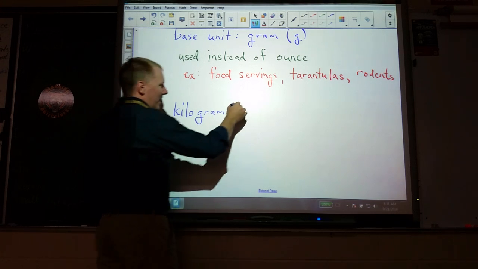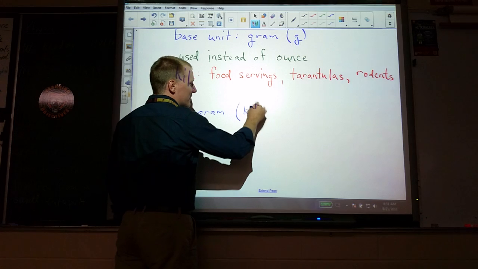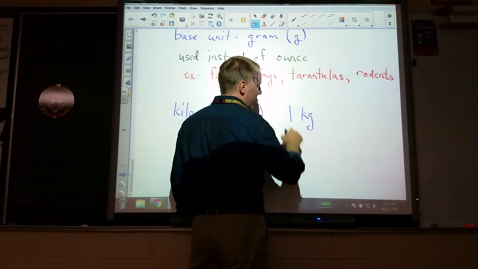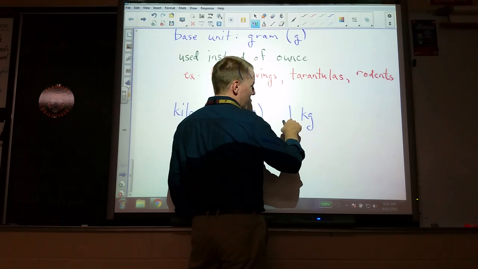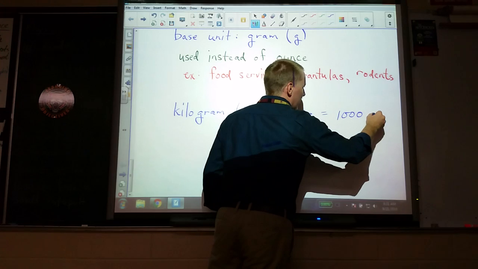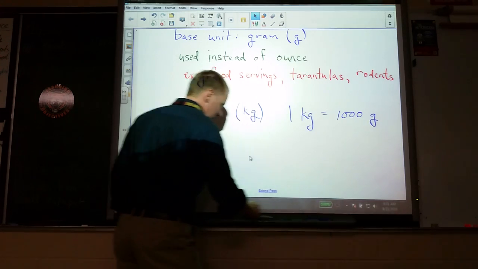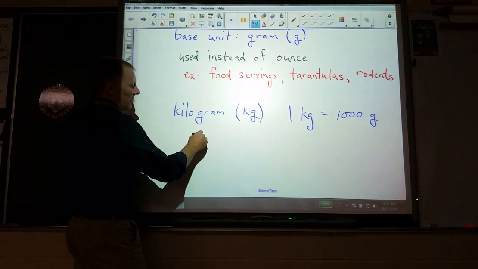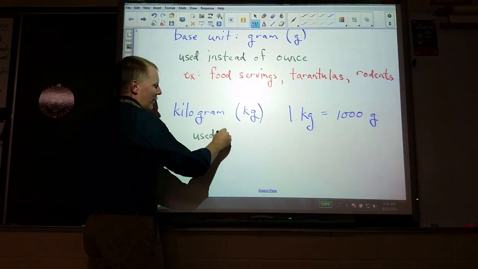Kilogram, kilo is K, gram is G, and kilo means 1,000. So if we have 1 kilogram, that's like say 1,000 grams. And as I already had said there, we use that instead of pounds.